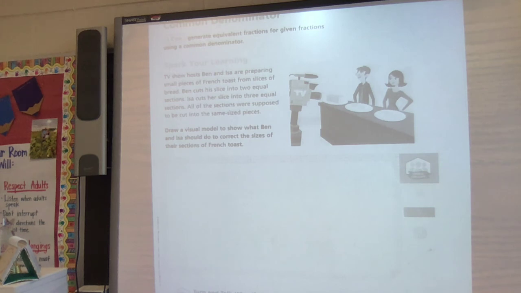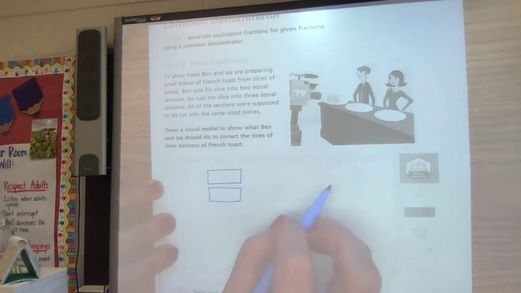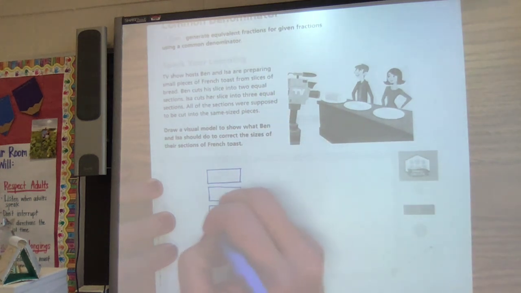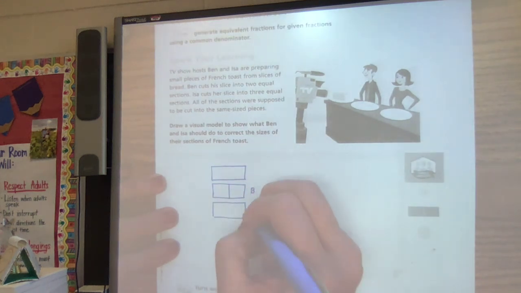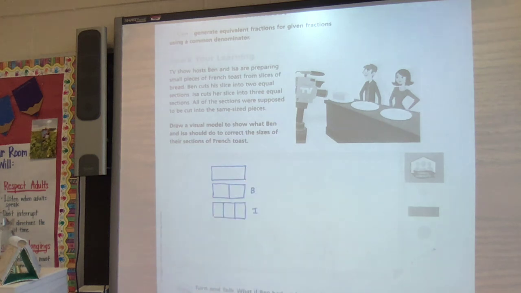Ben had his, and he cut his into 2 equal sections. So let's just pretend that we don't have any strips. So I'm going to keep my whole piece, and Ben, he cut his in 2, and Isa cut hers into 3 parts.